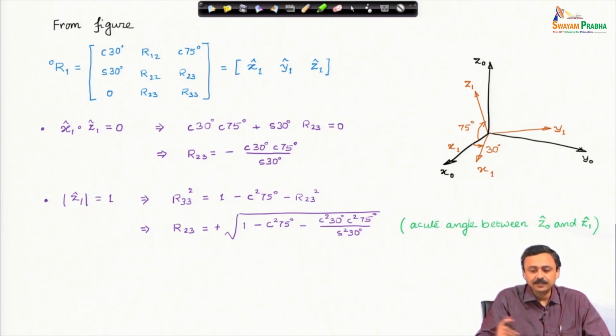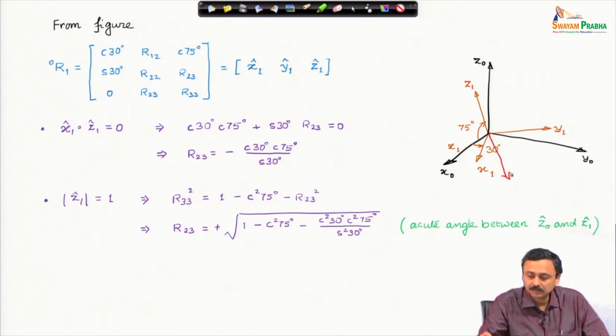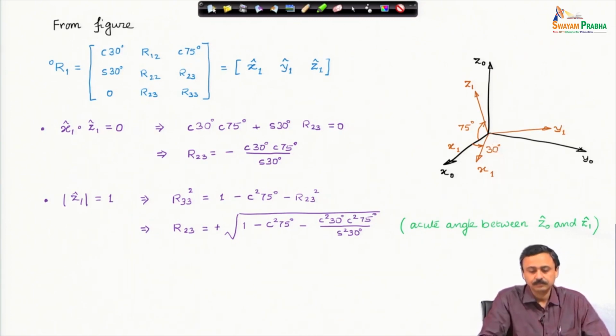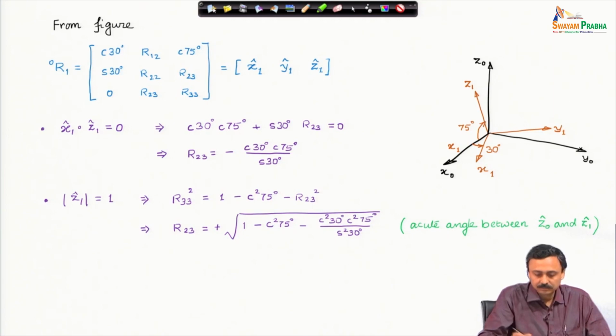If I take the negative sign, it would be the other axis this way, which is not the one we want. Therefore, we can now solve R 23 and R 33.